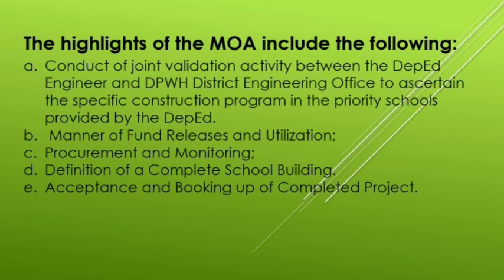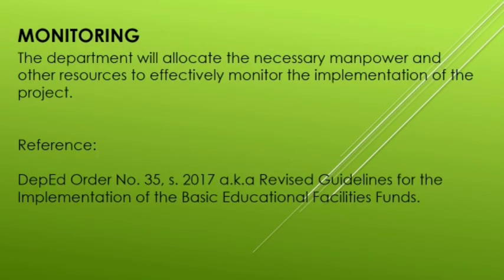Then, the definition of a complete school building, and after that, there will be an acceptance and booking up of completed project. So after having the implementing agency, which is the DPWH, there will be bidding to be conducted by the DPWH on who will be the contractor of that construction of building.